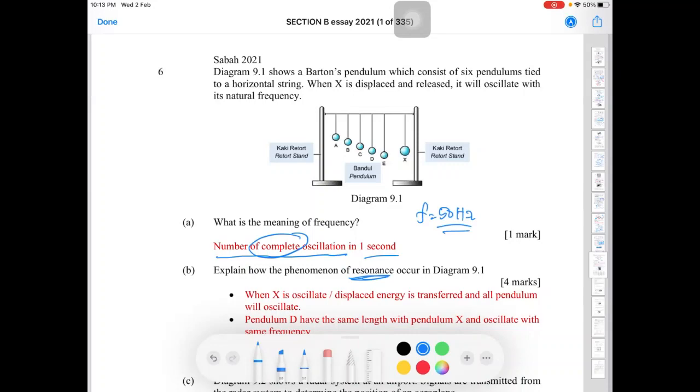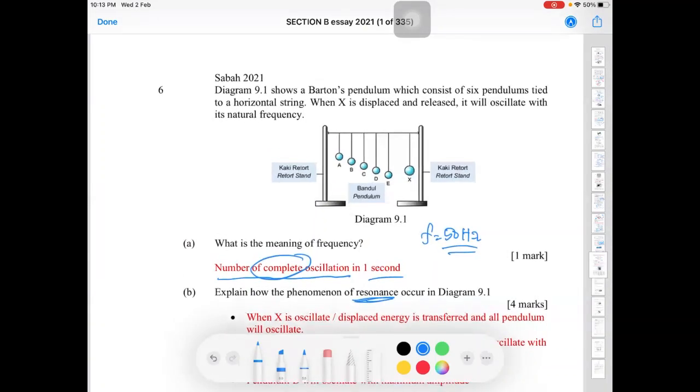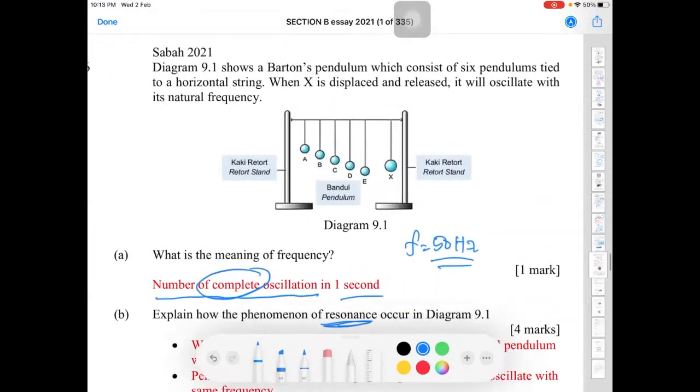Alright? Okay, explain how the phenomenon of resonance occur in diagram 9.1. Okay, resonance ingat. Apa yang kamu perlu ingat resonance? Okay, resonance meaning ada satu benda oscillating and another one also oscillate with the same frequency dan dia akan dapat amplitude yang maximum.